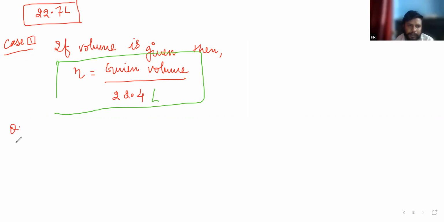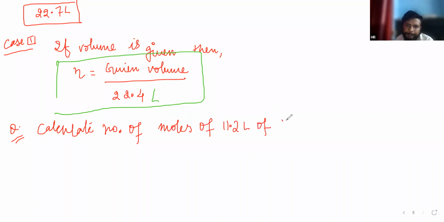So if we have given, calculate number of moles if 11.2 liter of HCl or H2SO4 is present in a container.